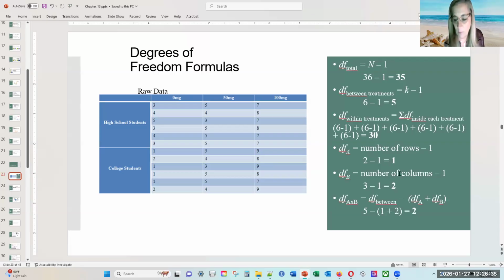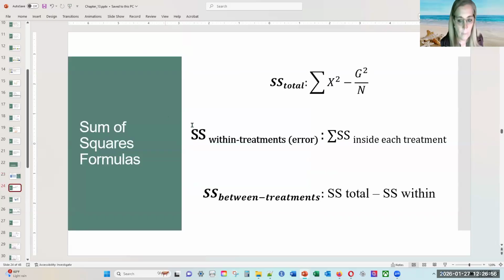Same thing for the other one, number of conditions minus 1. And to calculate for the interaction, you take the degrees of freedom for between minus the degrees of freedom for both factors added together. And you would arrive at 2.